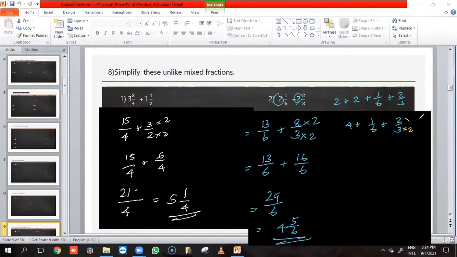This by 2, this by 2. 4 plus 1 over 6 plus 4 over 6. 4 plus, 6 common denominator, 1 plus 4. 4 plus 5 over 6. 4 and 5 over 6. So any method. If you like this, you can follow this. If not, the other method.